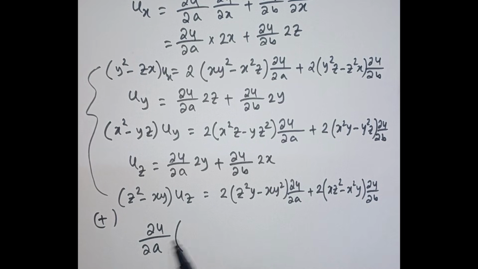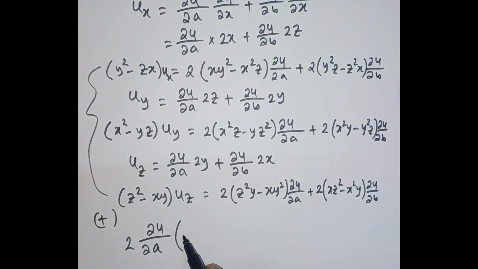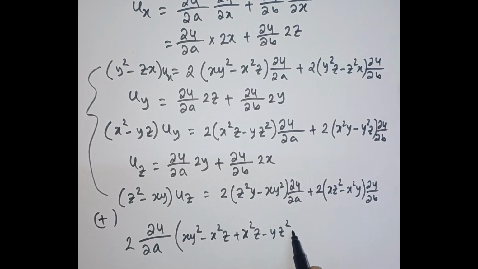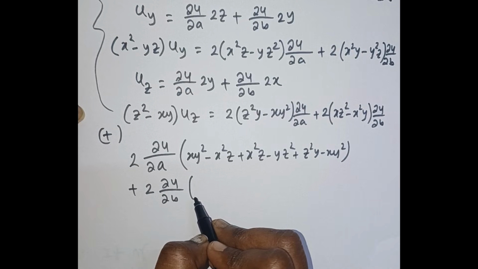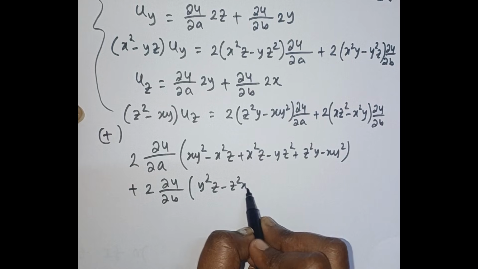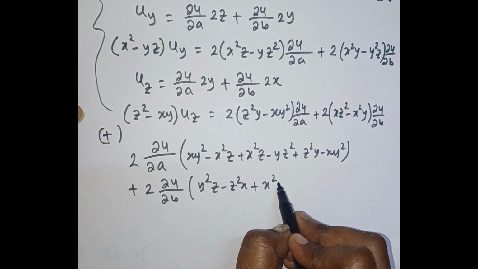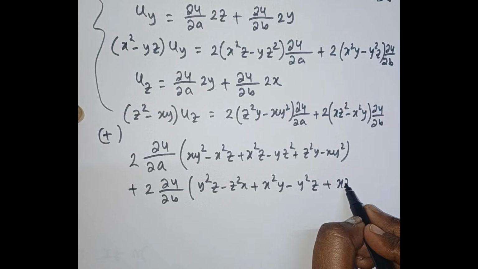So ∂u/∂a and then take 2 also. So it will be xy square minus x square z plus x square z minus yz square plus z square y minus xy square, plus take 2 into ∂u/∂b and then y square z minus z square x plus x square y minus y square z plus xz square minus x square y.